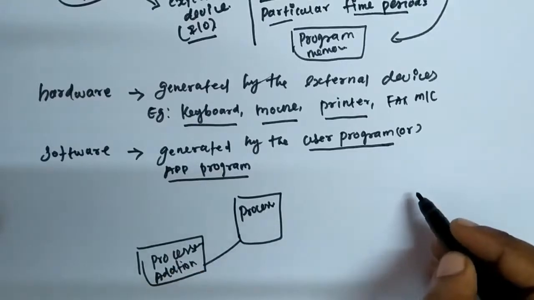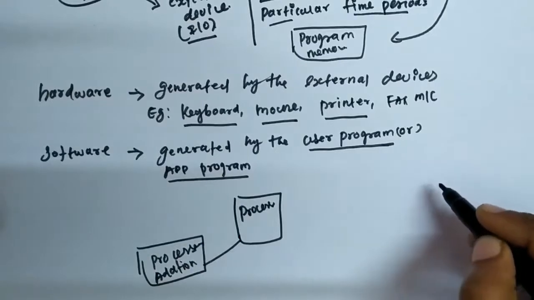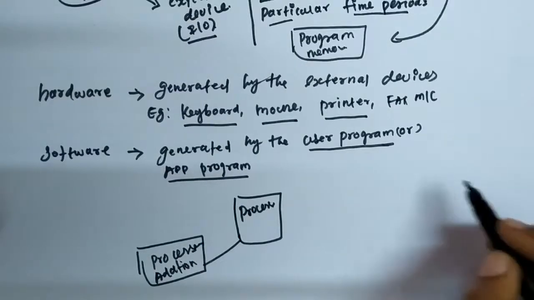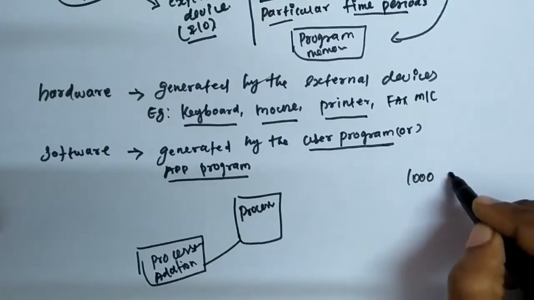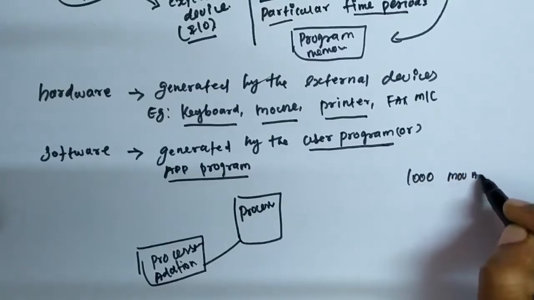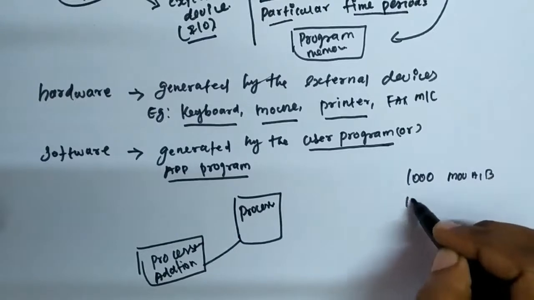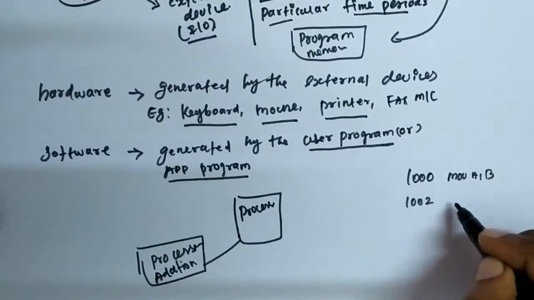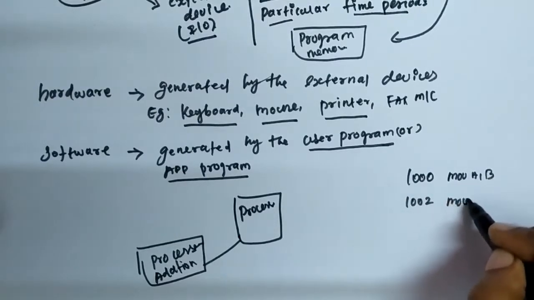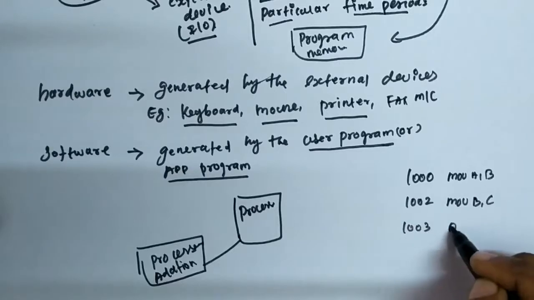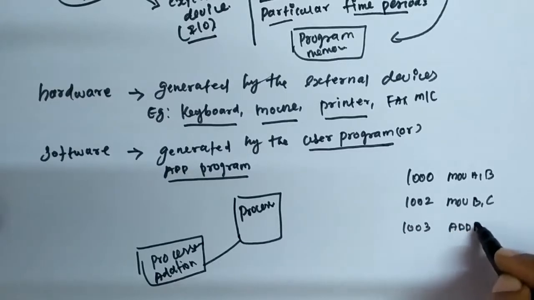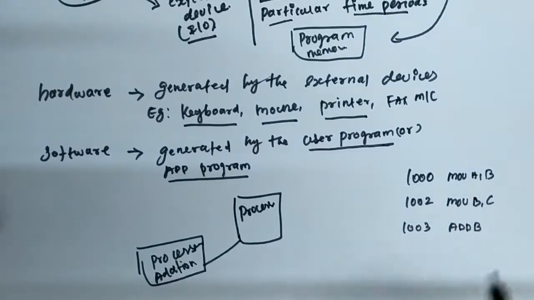My addition program looks like this. I write the addition program starting at memory location 1000. The instruction is move A, B. Next, at memory location 1002, the instruction is move B, C. At memory location 1003, add B. This is a simple 8-bit addition program.